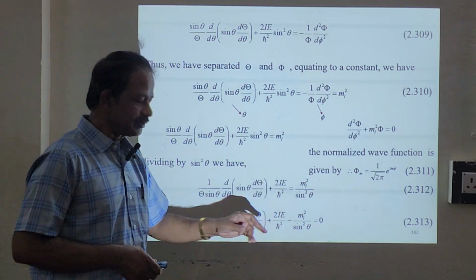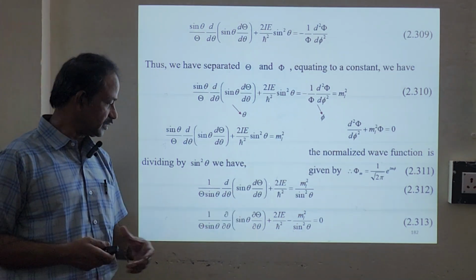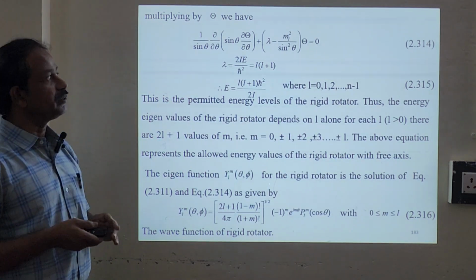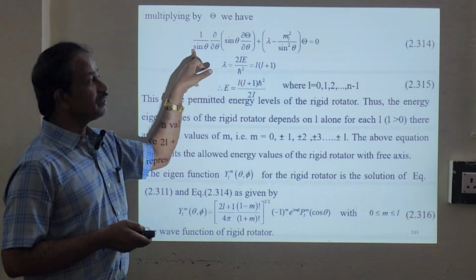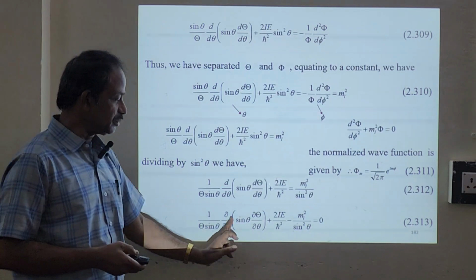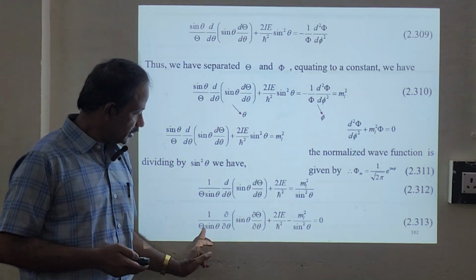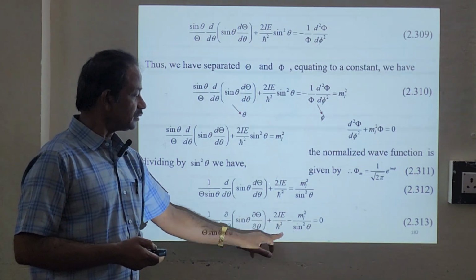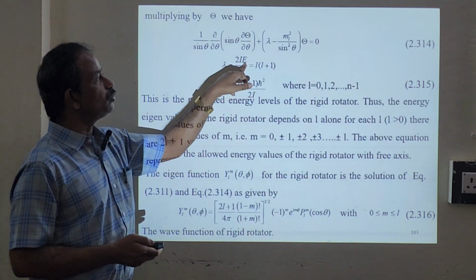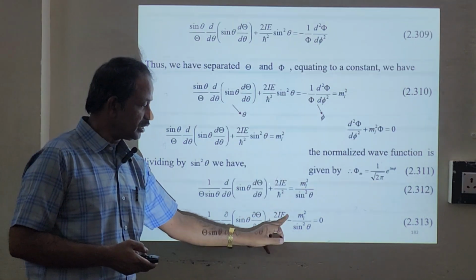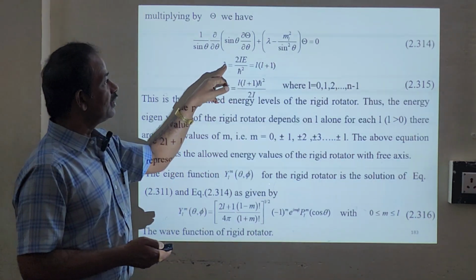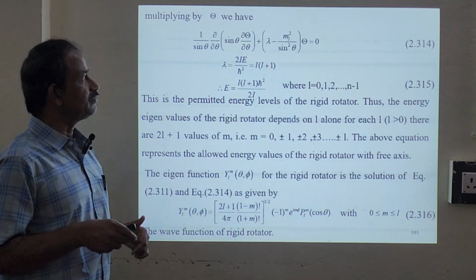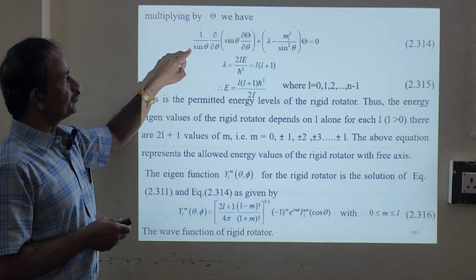You bring this term from right hand side to left hand side. Multiply throughout by Theta, so you will get the complete expression now. We are going to take this one as lambda. Lambda equal to 2IE by h bar squared, we are going to take it as lambda. So lambda minus m_l square divided by sine square theta of Theta, which is equal to 0.